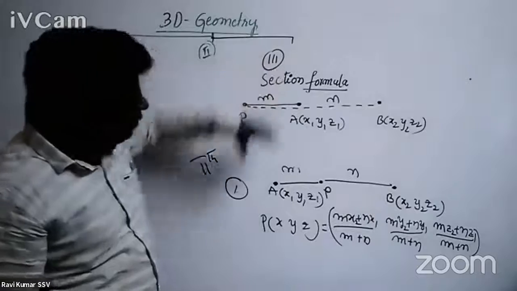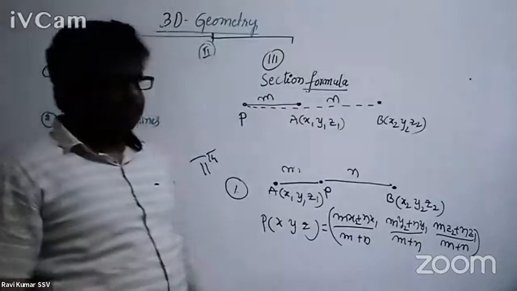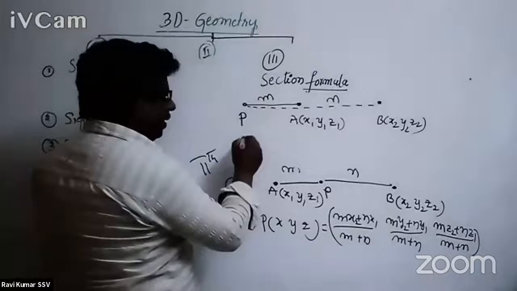From here to here, the ratio is M. Same. How can you write the formula?